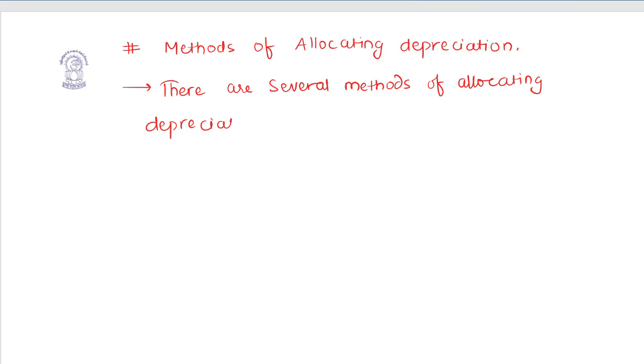There are several methods of allocating depreciation over the useful life of an asset.